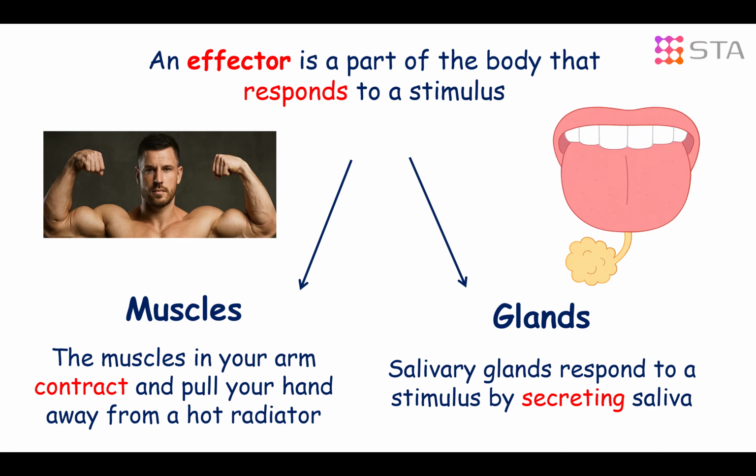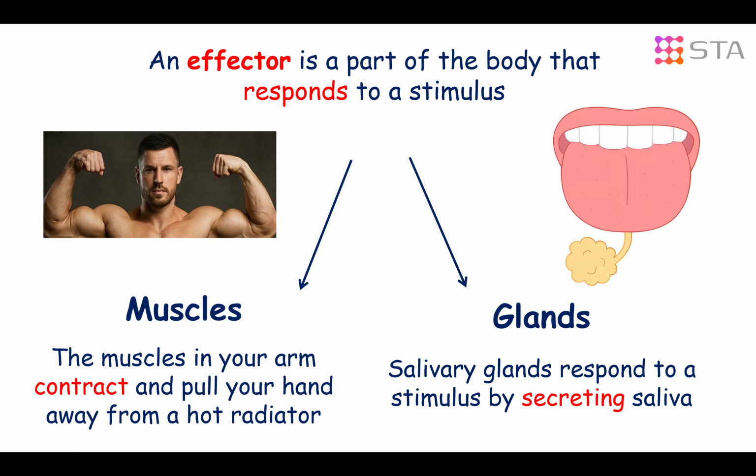Somebody might bring in a tray of food, and you smell the food, you see the food, it looks delicious, and your salivary gland, which is just underneath your tongue in your mouth, will start to produce saliva. Okay, or secrete is the word we often use at GCSE. Secrete means to produce and release.